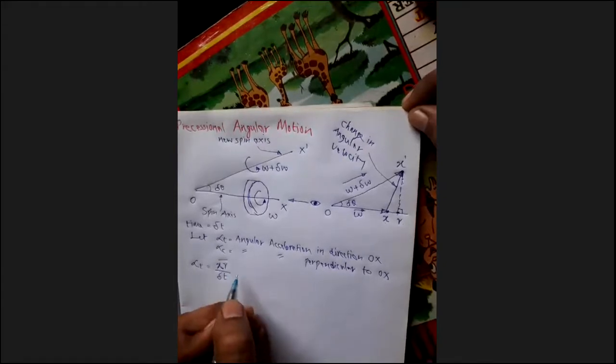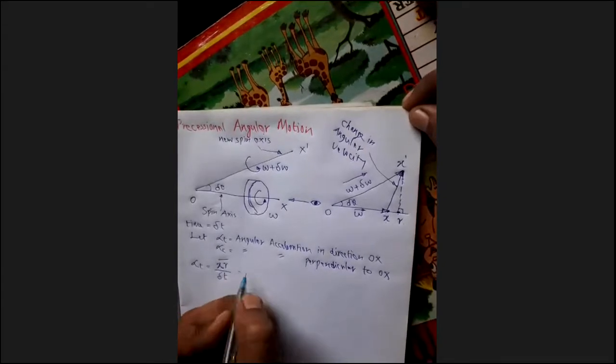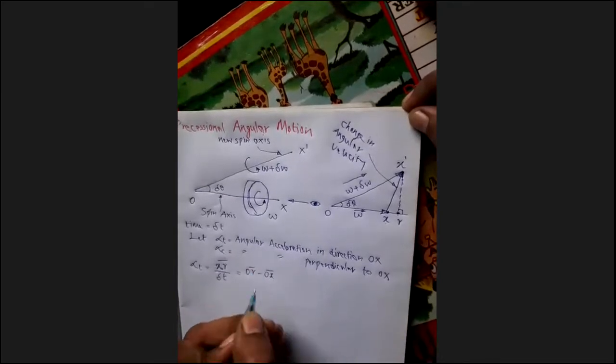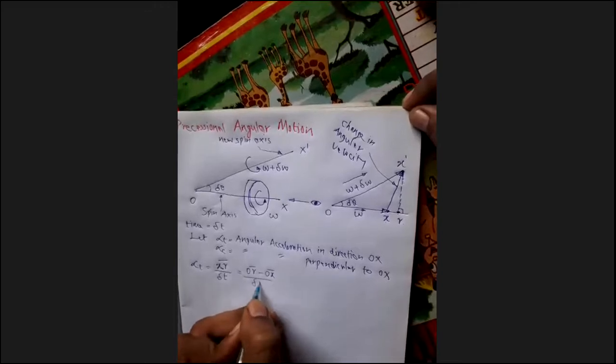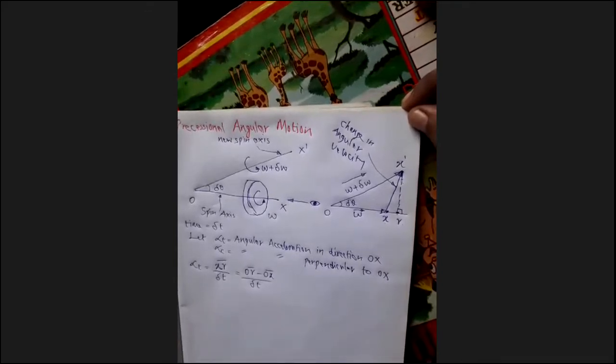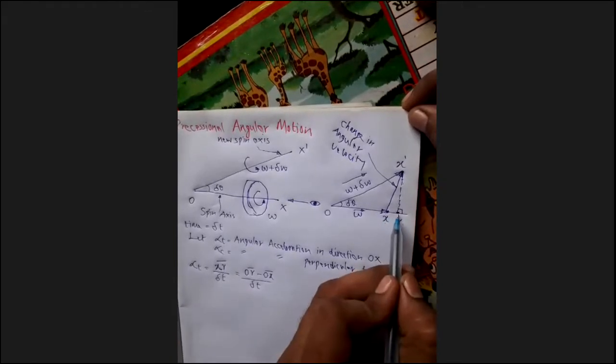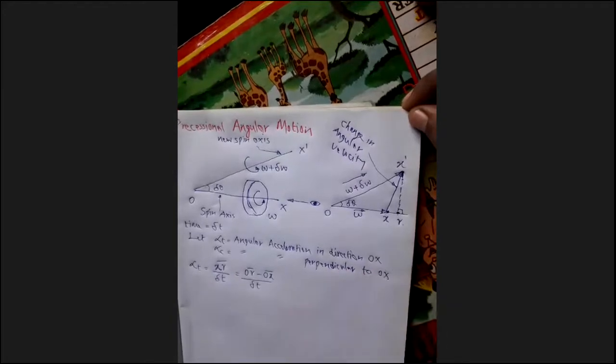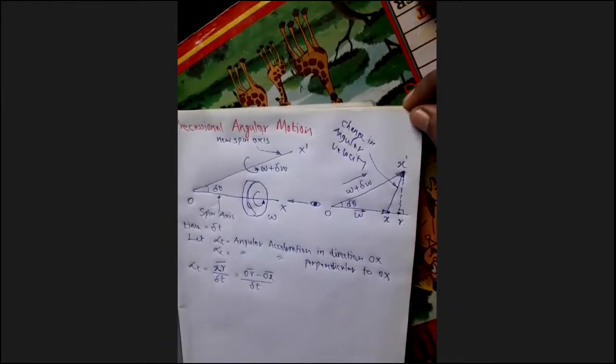Now vector xr is nothing but vector OR minus OX, divided by delta t.